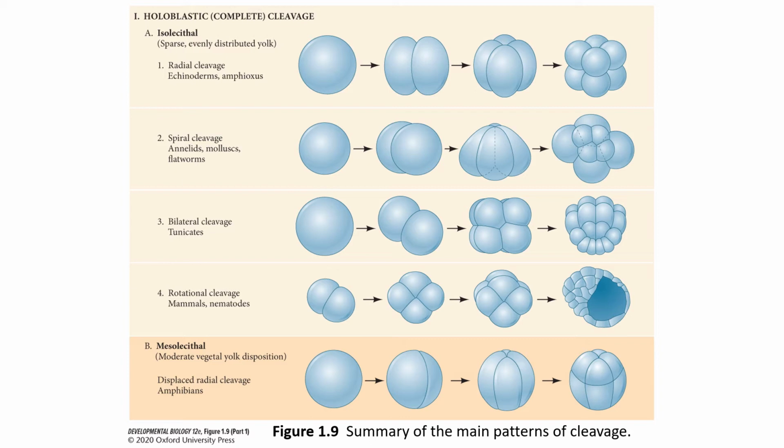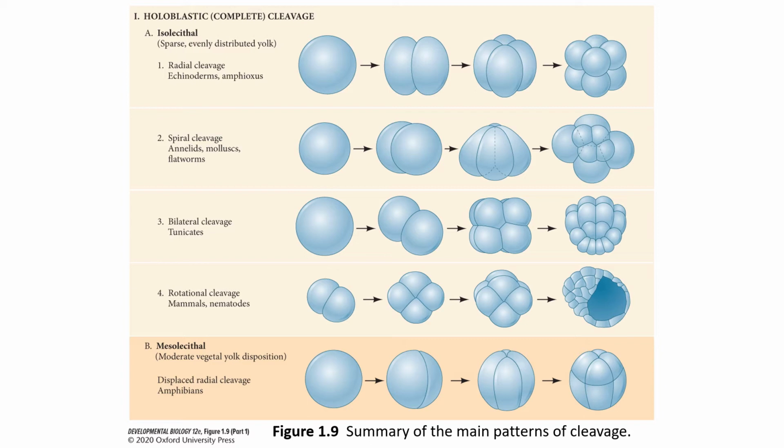So if the isolecithal has evenly distributed yolk, the mesolecithal has a moderate volume of yolk in these eggs. Again, when there is more yolk, of course, there is less cleavage of the egg. So compared to the isolecithal, look at the drawings here in the mesolecithal; the cleavage is not as prominent as in isolecithal eggs.